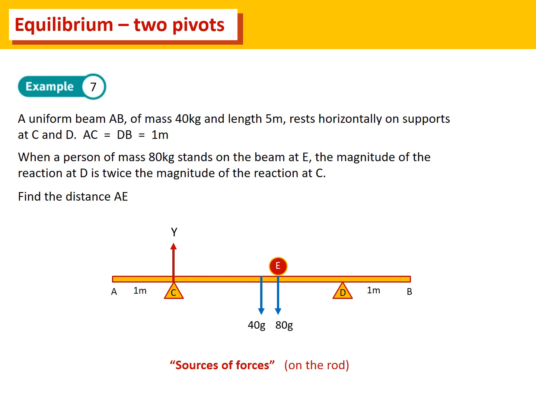There's a reaction force at the support C, which I've called Y, and it tells us that the reaction at D is twice the reaction at C, so I'm going to mark on the reaction force at D as being 2Y. So now I have all my forces acting on the rod.